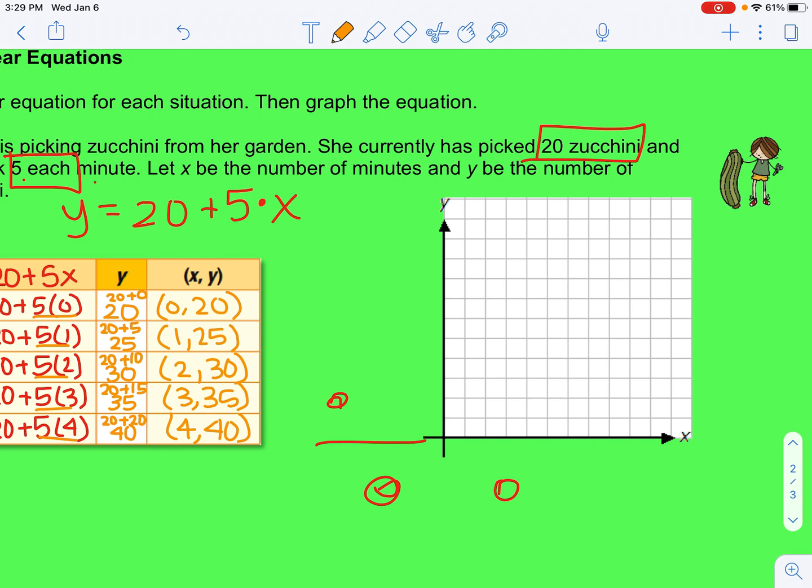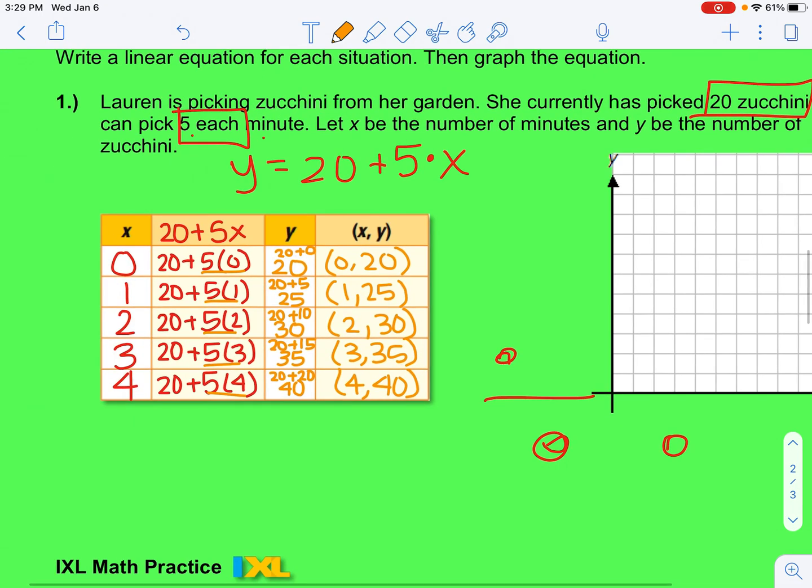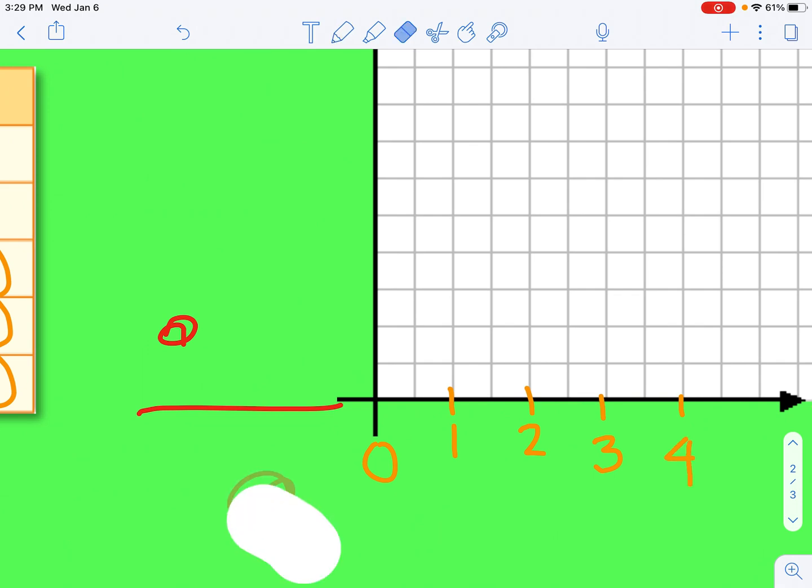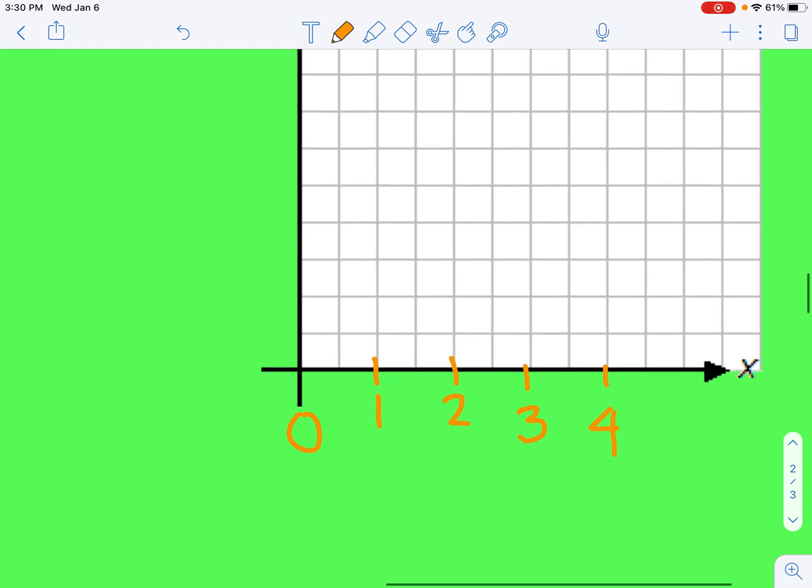Okay, so she's picking, we said 0 to 4 minutes. So this black line right here is 0. And then let's just skip a few lines to spread out our graph. This will be 1 minute, this will be 2 minutes, 3 minutes, 4 minutes. I'm going to erase these red circles. And then down here at the bottom, this is the number of minutes.